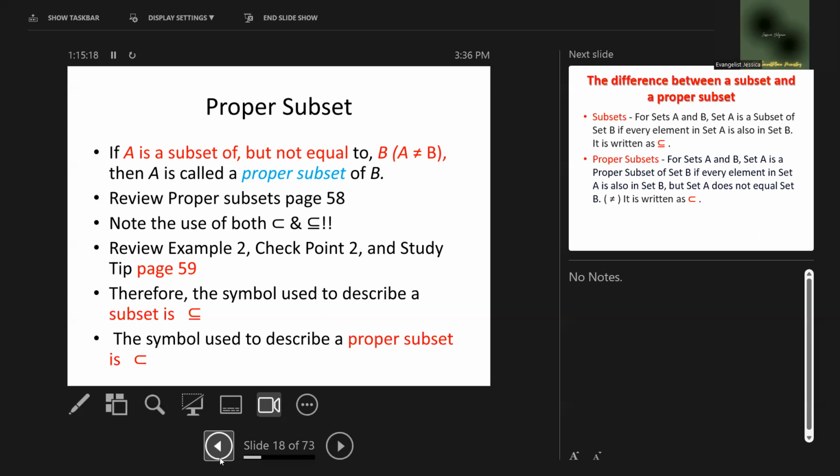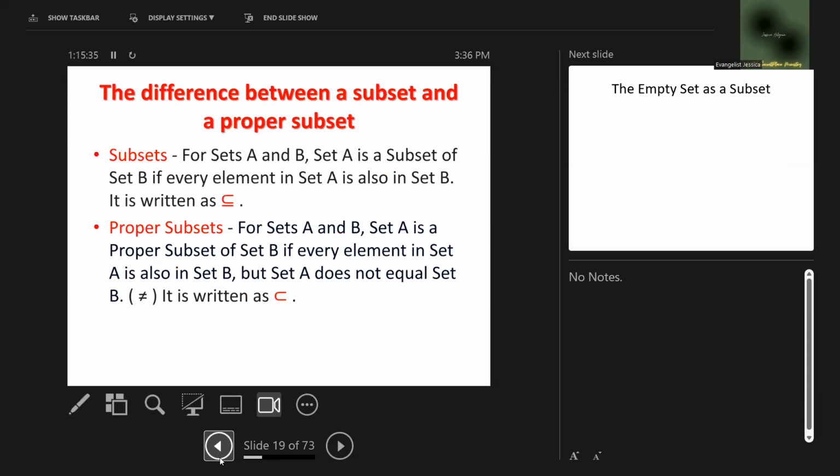Okay. So when there is that symbol with a bar, it means it's a subset. When it's only that prong-shaped figure, it means it's a proper subset. To summarize the difference between subset and proper subset: for every set A and B, set A is a subset of set B if every element in set A is also in set B. Now, set B, remember, can have other members too.